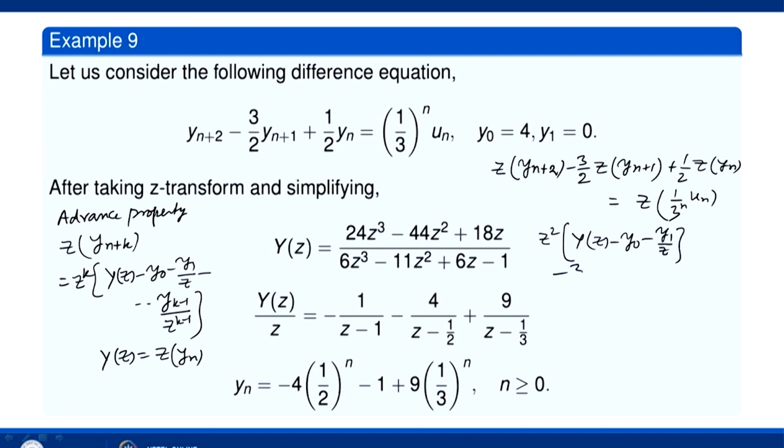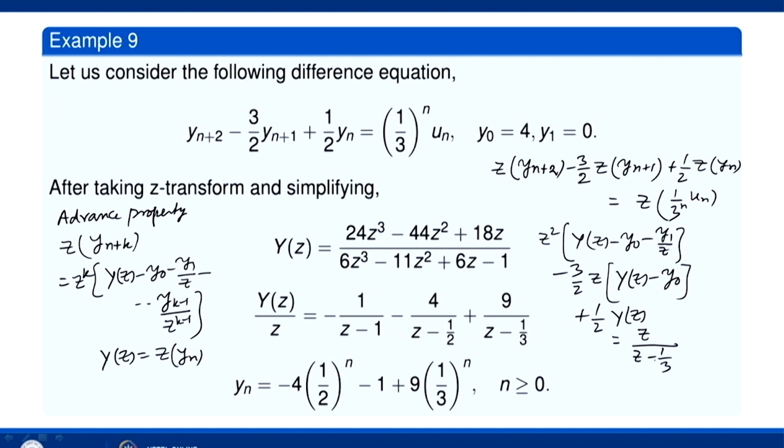Okay. Then minus 3 by 2 we get Z of y(n plus 1), again we use the advance property. So, we get here Z times [Y(z) minus y(0)], okay, plus 1 by 2 Z of y(n) we take as Y(z). On the right hand side, u(n) is equal to 1 for all n greater than or equal to 0. So, we need the Z transform of (1 by 3) to the power n, which is Z over Z minus 1 by 3.